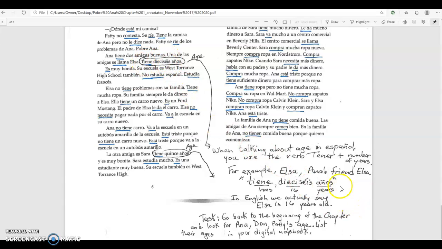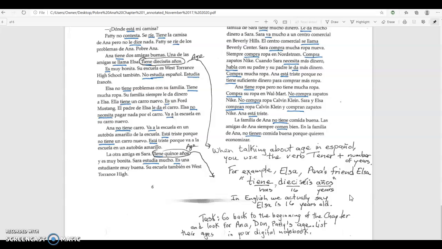But in Spanish, we use the verb tener, which is tiene, plus the number of years. So we say in Español, Elsa tiene 16 años. Elsa has 16 years. But we don't say that when we talk about age in English. We say Elsa is 16 years old.